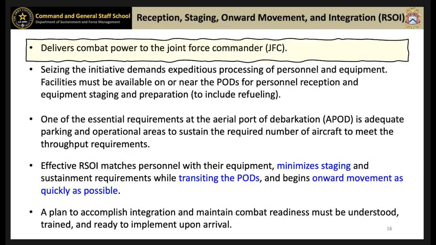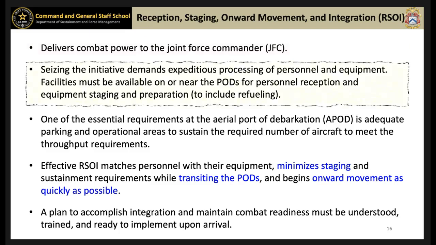The reception, staging, onward movement, and integration process delivers combat power to the Joint Force Commander, ensuring rapid deployment capabilities. To seize the initiative, quick processing of personnel and equipment is critical, necessitating ready facilities at or near the port of debarkation for personnel reception, equipment staging, and preparation, including refueling.